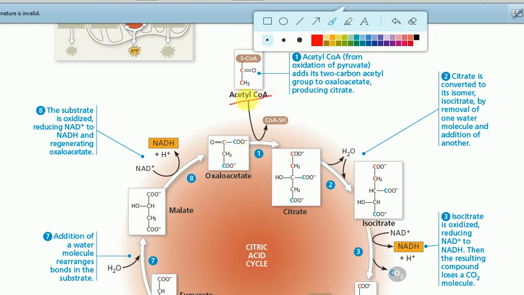Yeah, it is acetyl coenzyme A, and in this reaction we are releasing coenzyme A. So from there with oxaloacetate tunakuja kupata citrate molecule.